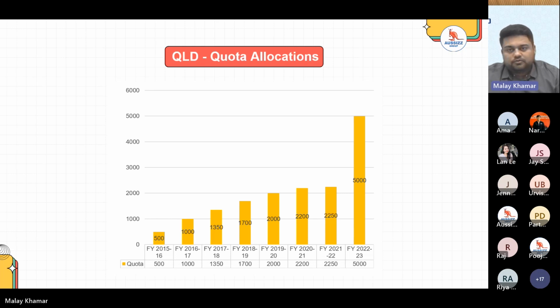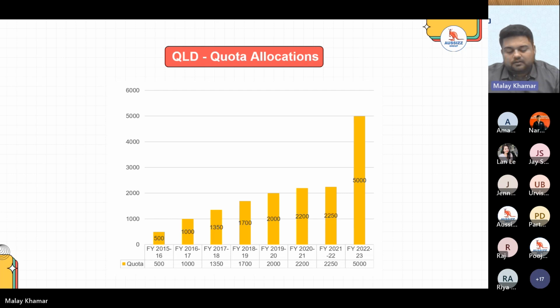If you're planning to move to Queensland, it's a very good state. You can come here, work in your particular field, and apply for the state nomination. Most likely, 99.99%, you will get a state nomination, because there are not many applicants living and working in Queensland who have a job in that particular field.